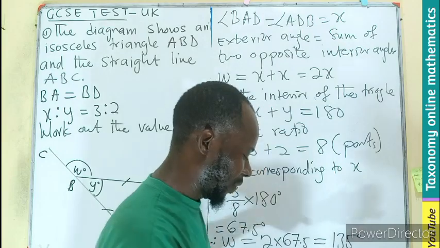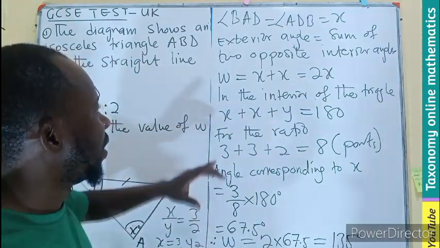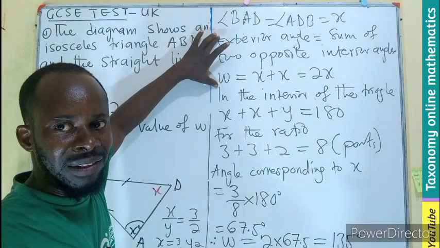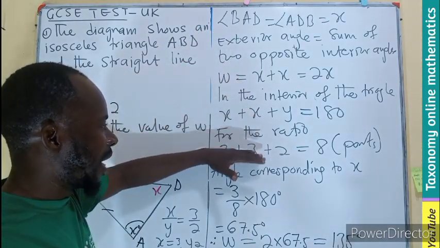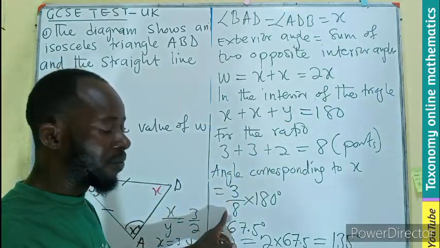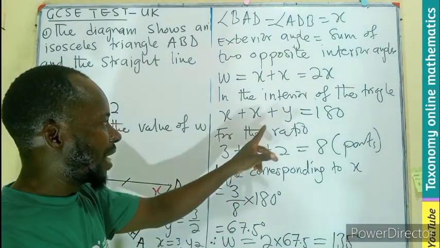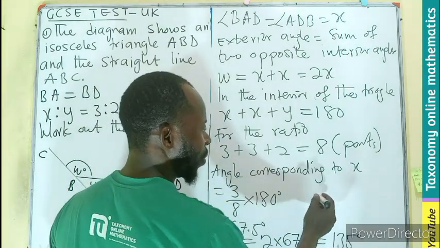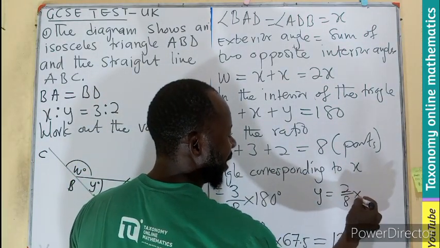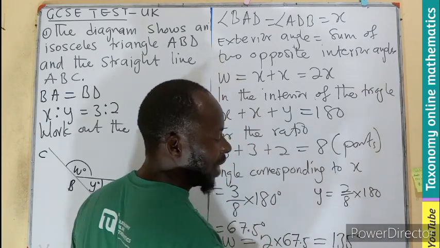Now, in case you don't want to make use of this property of exterior and interior angles, you can just deal with the individual angles. From here, we will not find that of the x, but that of the y, meaning angle y will be equal to 2 parts divided by 8 times what? 180.